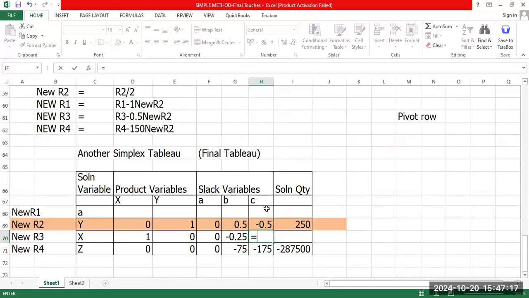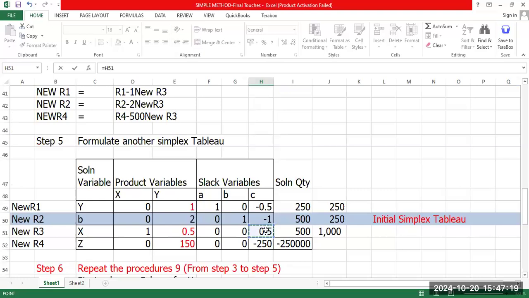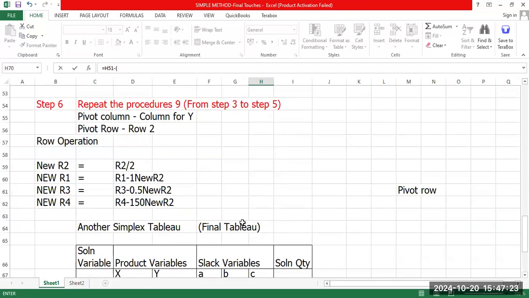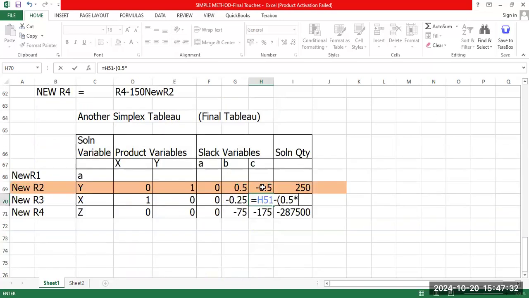I am handling which row? Row 3. 0.5 minus open bracket. The formula is saying once you open bracket, you say 0.5, 0.75, times what is your new row 3? Rather, what is your pivot row? New row 3 is negative, this is what I have. 0.75, yes.